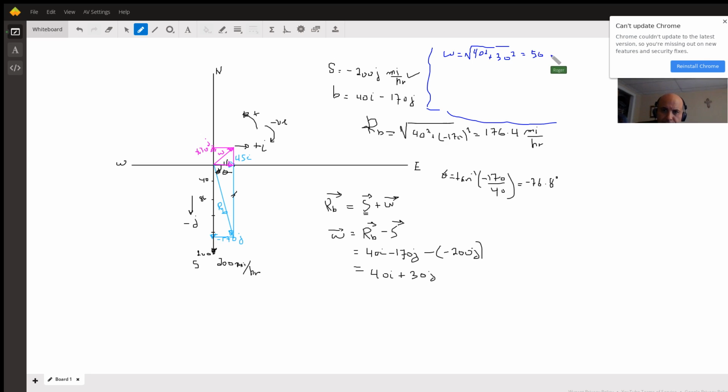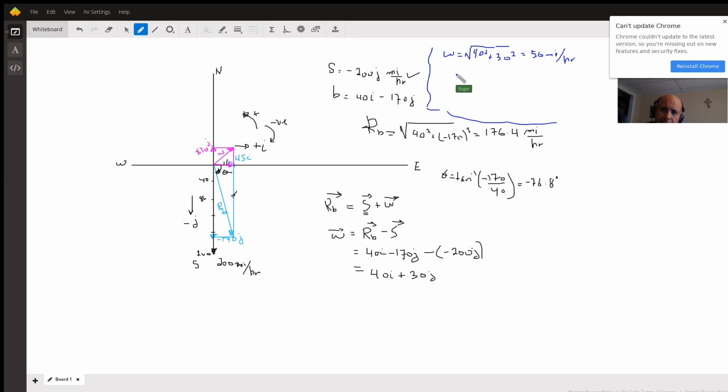Miles per hour. That's the speed of the wind that hit the plane to cause it to basically change direction from going due south at 200 miles per hour to this vector RB in this direction.